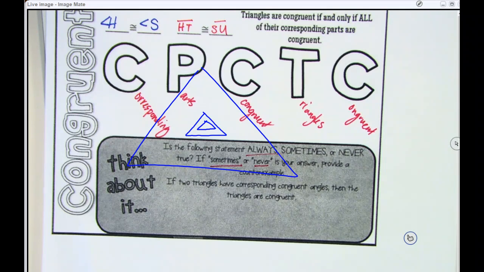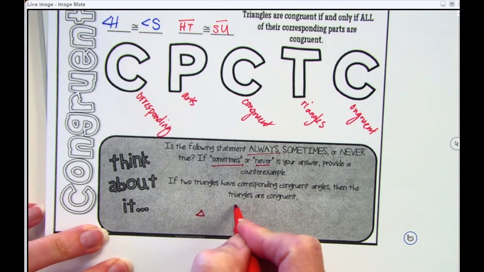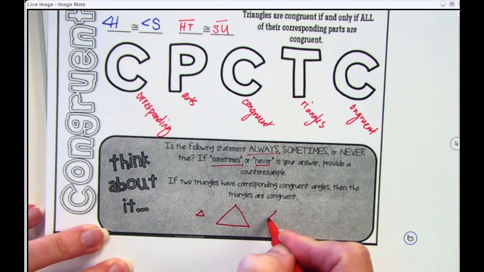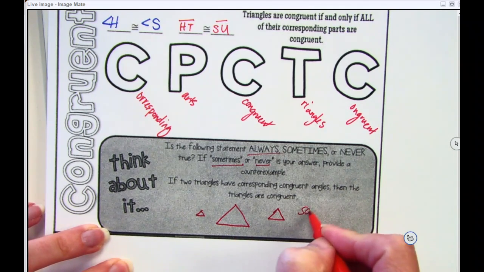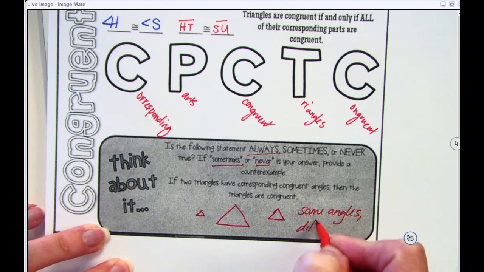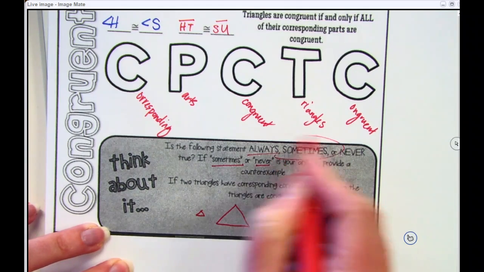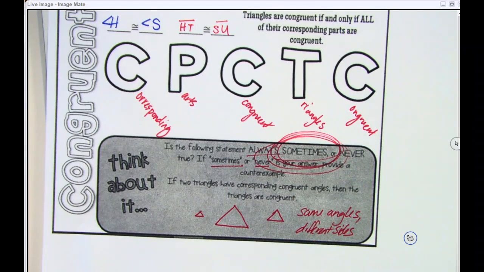Because our triangle can dilate or constrict, so that's a sometimes true. So I'm going to put my little counter example here. Same angles, different sides. So sometimes.